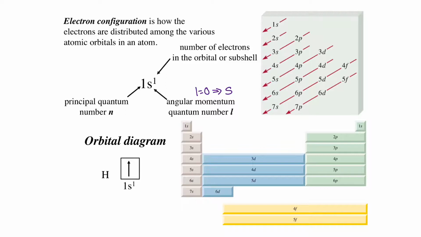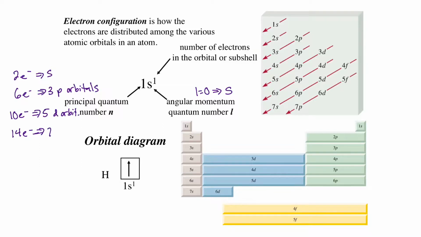So you can have two electrons for each s orbital, a total of 6 electrons for your 3 p orbitals. You can have 10 electrons total because you have 5 d orbitals, and then 14 electrons in your 7 f orbitals.